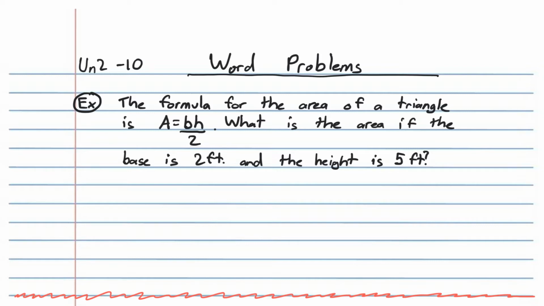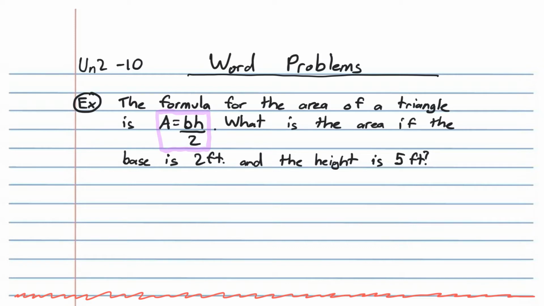They gave us this equation in the middle of the paragraph, A is equal to BH over 2. Now, in a geometry course, you would probably be expected to have these memorized. But in algebra, a lot of times they'll give you the equation. So they gave us the equation, and then they're telling us what each piece represents. So essentially, we just have to plug in the numbers in the correct spot.